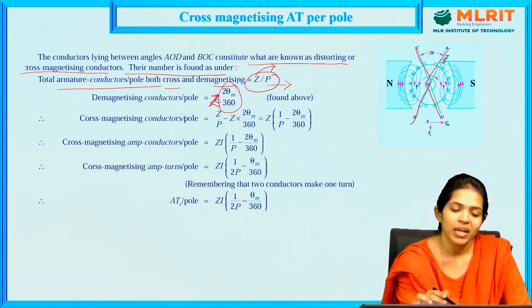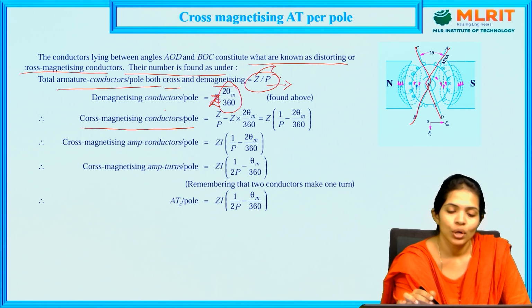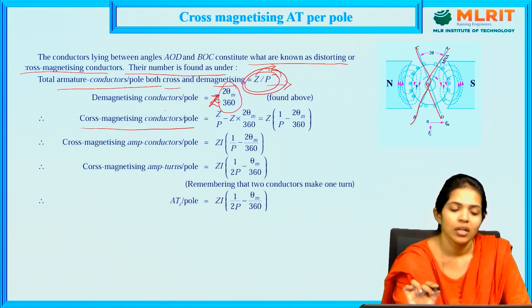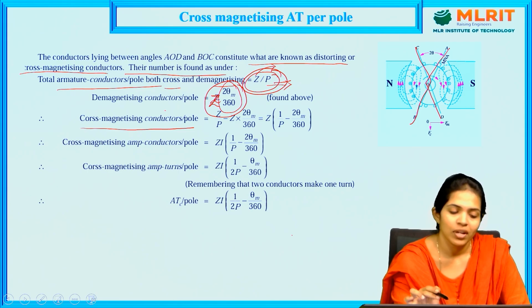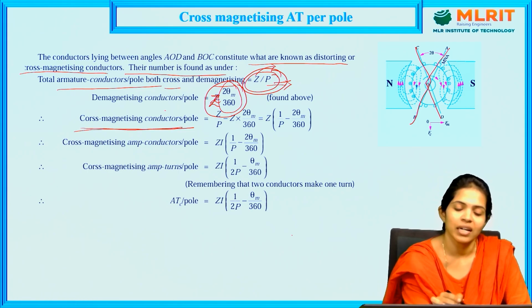So cross magnetizing conductors per pole will be the total conductors per pole minus the conductors required for the demagnetizing effect.